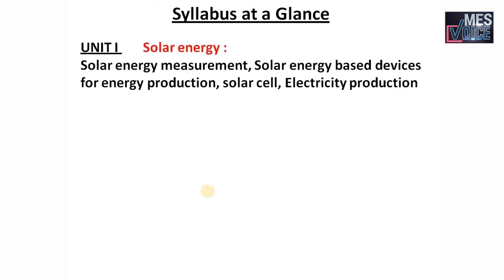And here is the syllabus. Let us have a quick go through the entire syllabus. Your first unit is about solar energy, where we will study what solar energy is, what the different constituents of solar energy are, how it is measured, and how solar energy can be converted into other forms of energy, heat energy for example, or electricity.